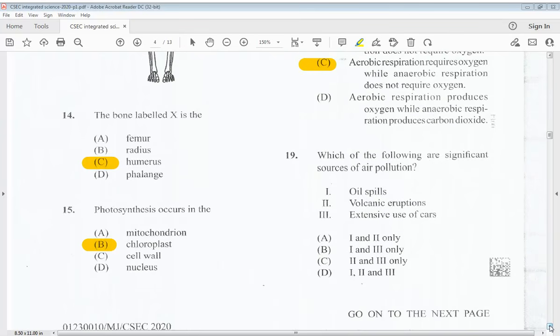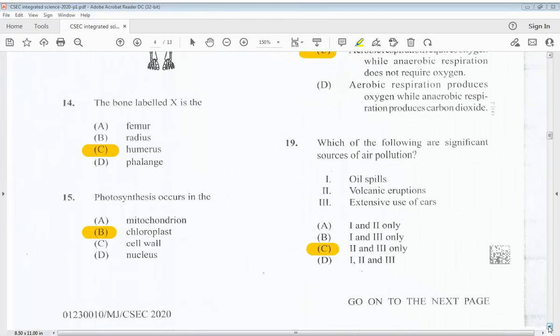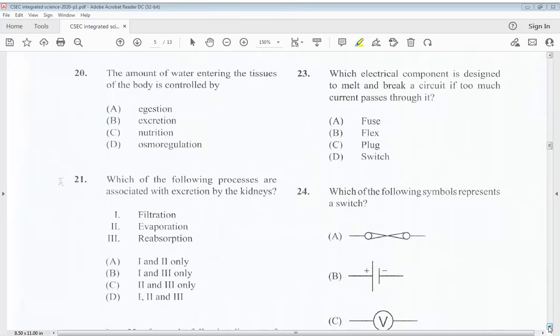Number 19. Answer for 19 is C. Let's move to 20. The amount of water entering the tissues of the body is controlled by?